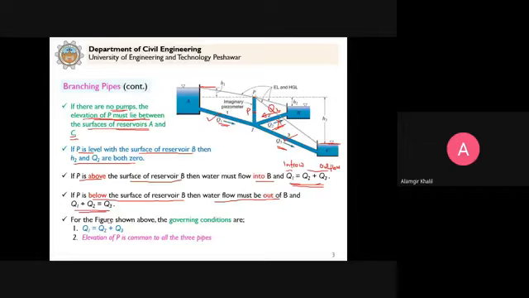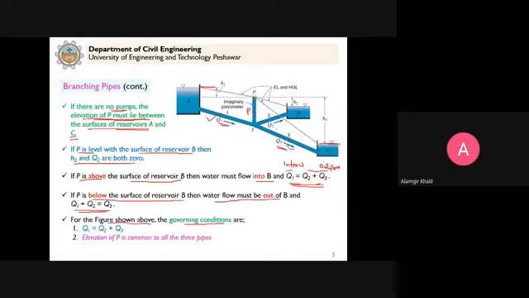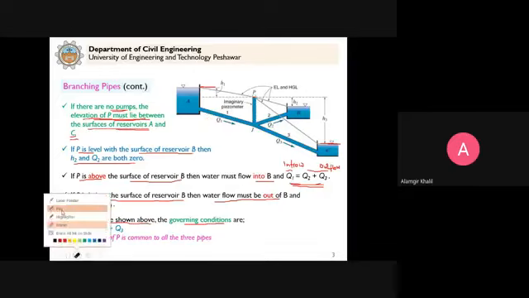So for the figure that is shown above, the governing conditions are for this case. Clear? For this case, which is shown here, you can see that Q1 will be equal to Q2 plus Q3. Q1 is the outflow from reservoir A, and Q2 and Q3 are inflows to reservoirs B and C respectively.